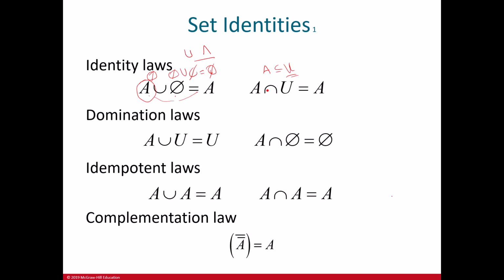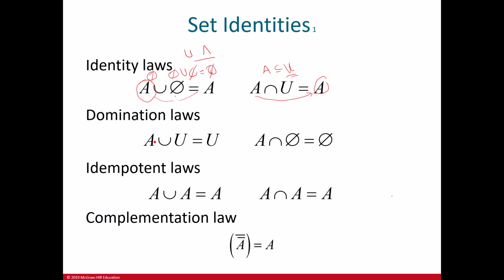So what are the common elements between them? A itself, right? Because U is containing all elements. So in other words, I can say A, or I can say A intersection U. They all mean the same thing.